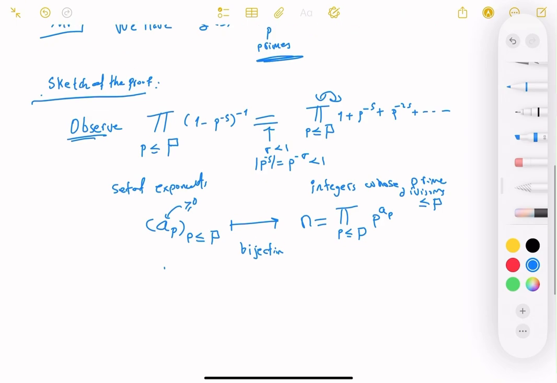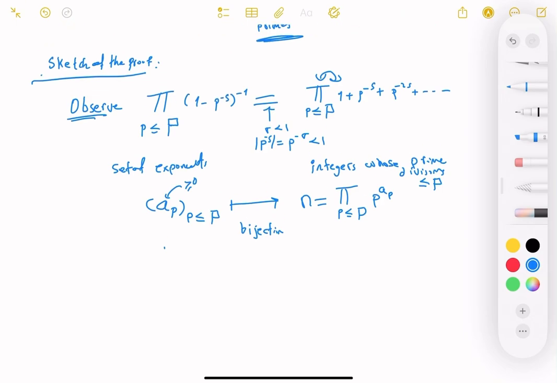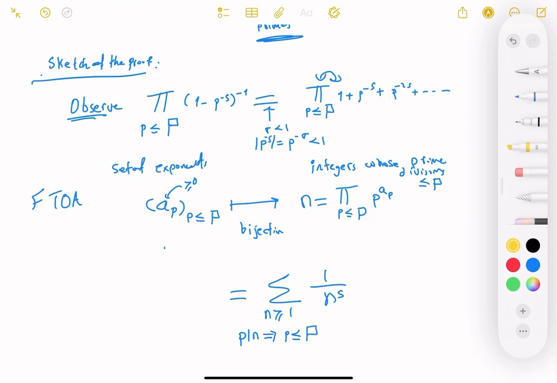And the point is, once you do this interchange and use the fact that we have this bijection by the fundamental theorem of arithmetic, you can see easily that this finite product must be the sum of 1 over n to the s as n runs from 1 to infinity, such that whenever p divides n, we must have that p is less than or equal to big P. So to summarize what we've done here, we started with this finite product, and we've shown that it must be equal to this sum.